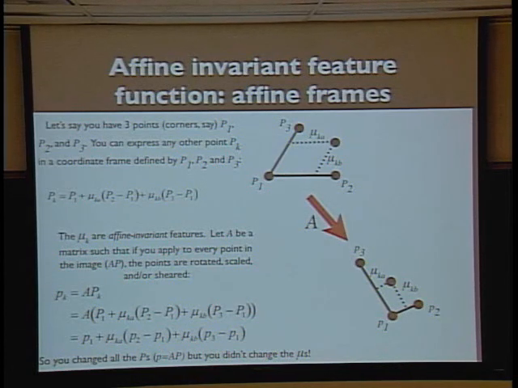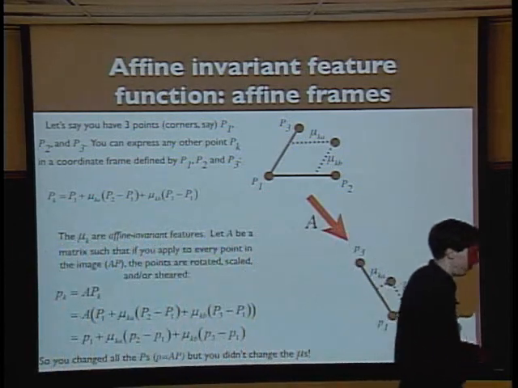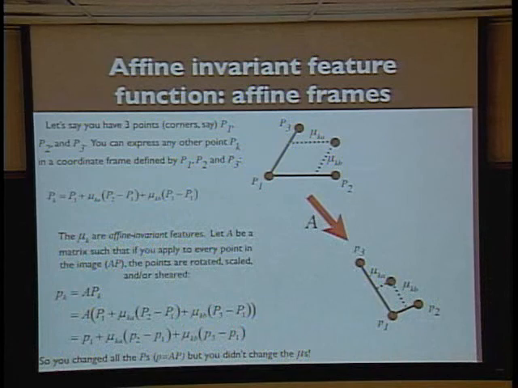We'll keep talking about invariants for a little while longer. Now, let's say that what we really want is a set of image features or a feature vector that is invariant to the set of affine transformations.